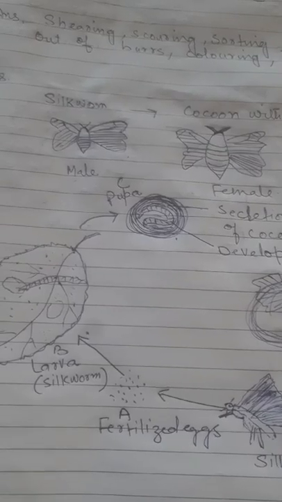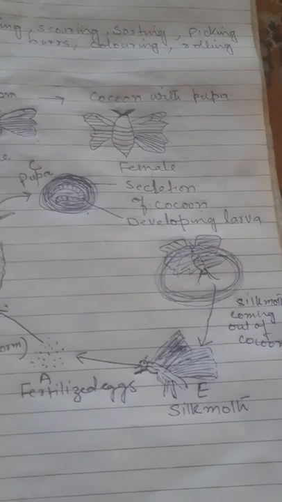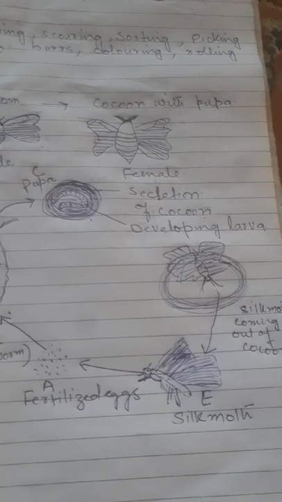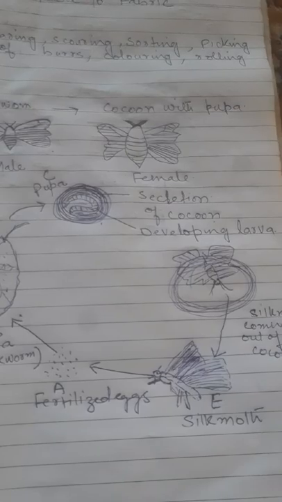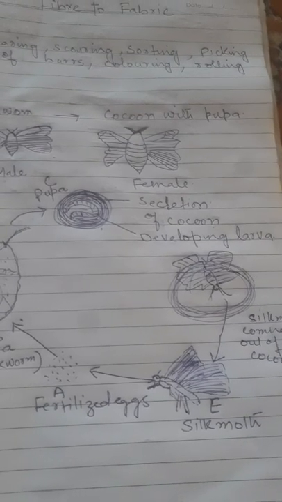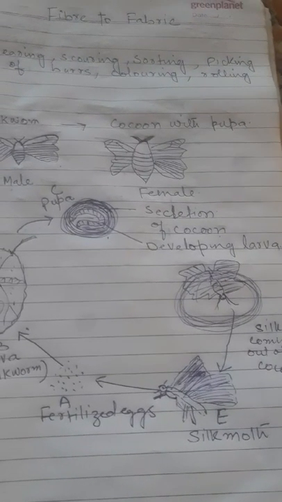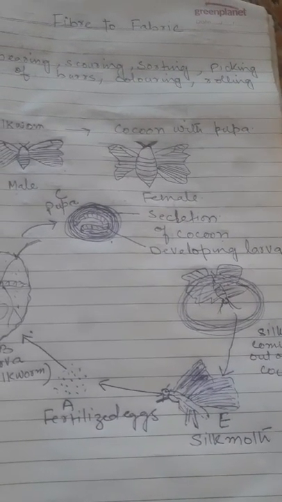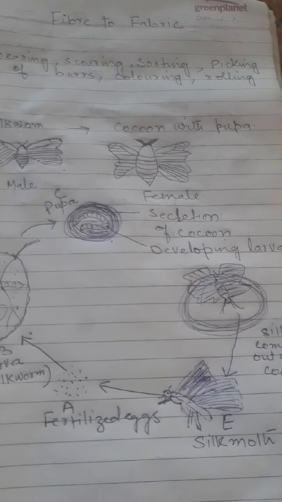Then question number 12: match the words of column 1 with those given in column 2. Scouring means cleaning sheared skin, the E part. Then number 2 is mulberry leaves.